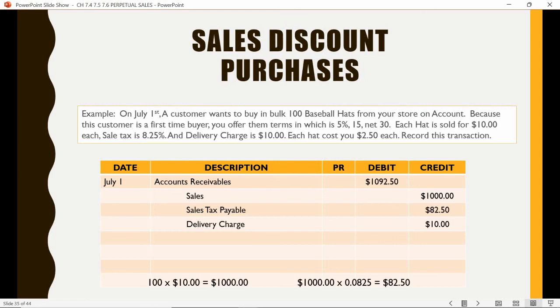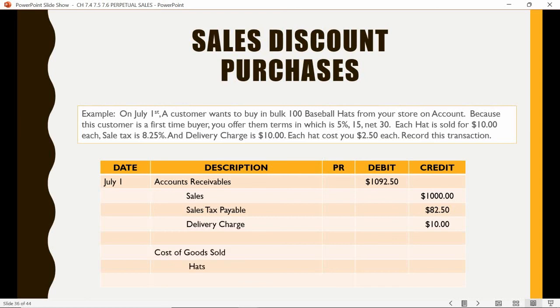So in this case, 100 times 10 is $1,000 plus tax of $82.50 plus $10 for the delivery charge will ultimately give you $1,092.50. And we also have to recognize that we sold 100 hats, which cost me $2.50 each.